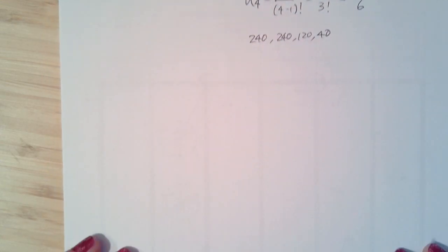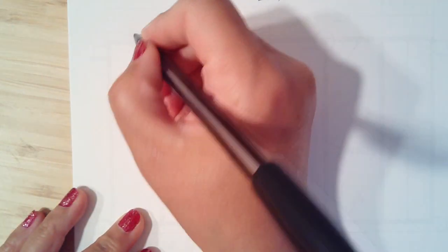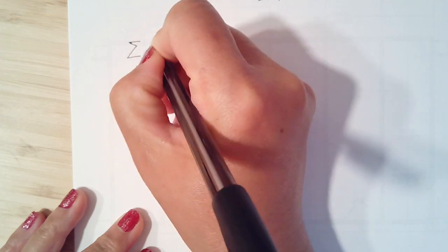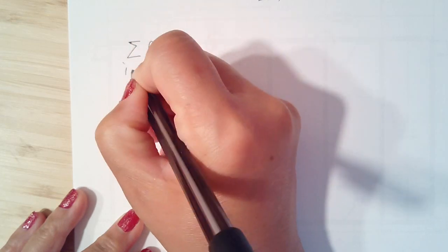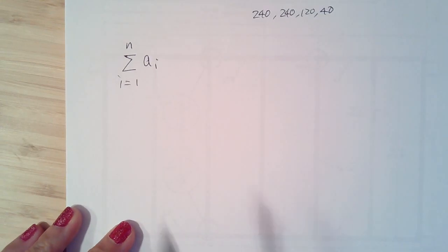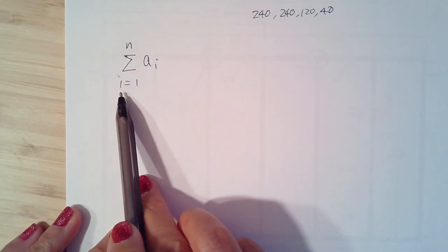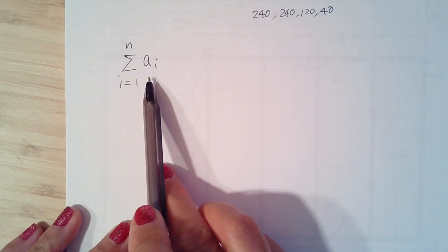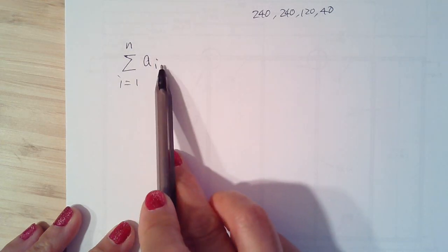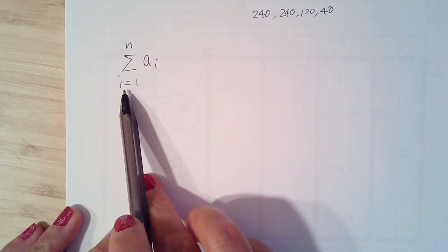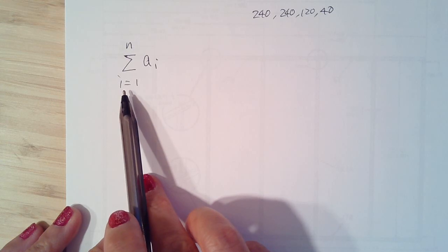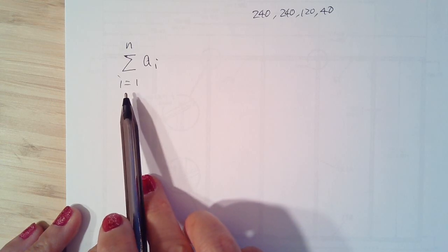All right, now there's one more thing we need to learn. It's called summation notation. This is read as sigma. Okay, sigma of a_i, and this i goes from 1 to n, and this is the a_i term, and the i is called the index.